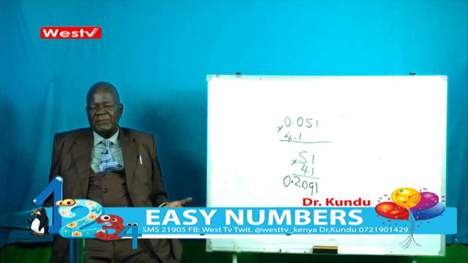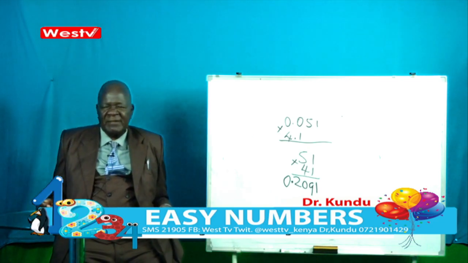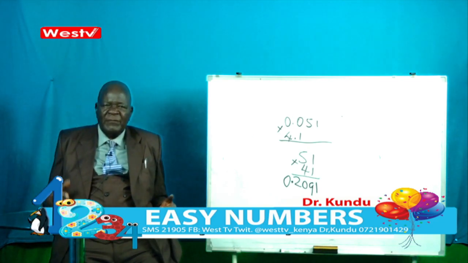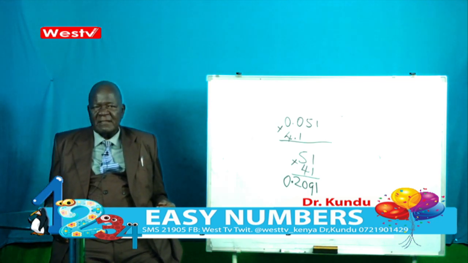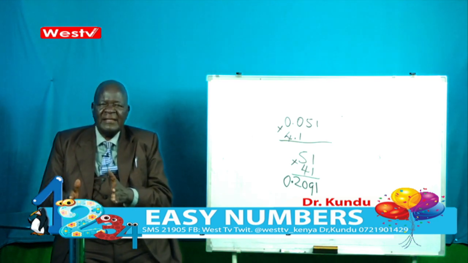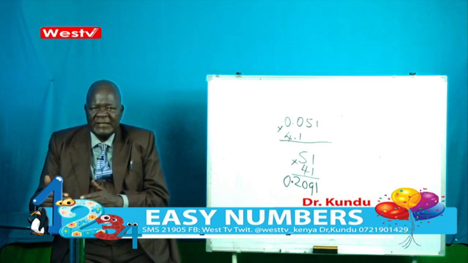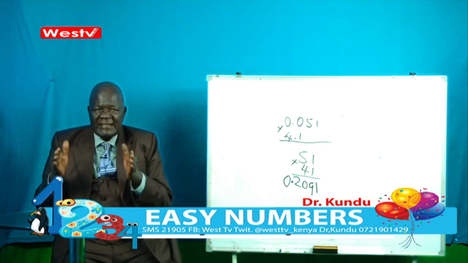And what is a formula? A formula is just a code which you decode by putting the right numbers. And a formula will have the operational signs in it. So in short, you will be doing numbers, either adding them or subtracting them or multiplying them or dividing them in that formula.